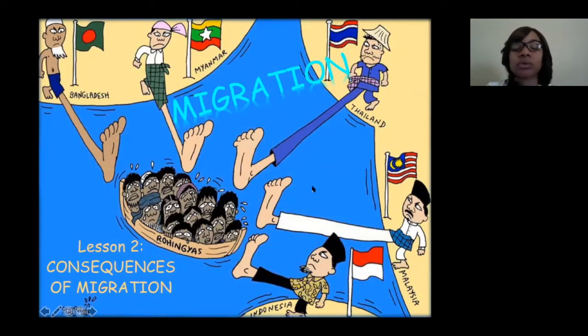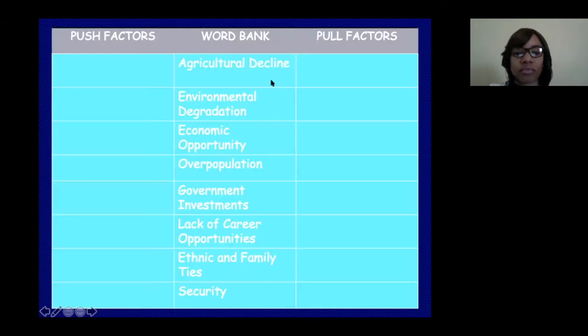So our subtopic for today's lesson, we're going to be looking at consequences of migration. I hope everyone is able to see that. So for a little quick activity, using the information that was taught last lesson, we're going to identify between these, 1, 2, 3, 4, 5, 6, yes, it's 8 different factors.